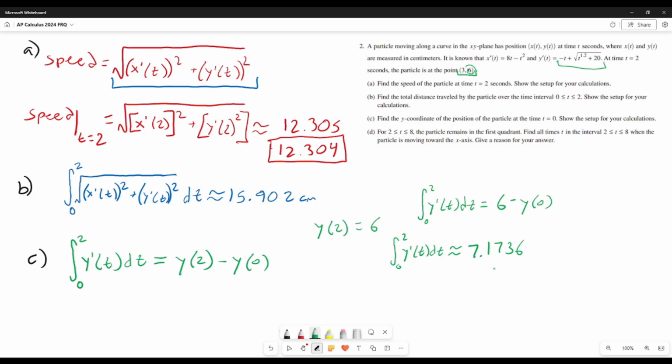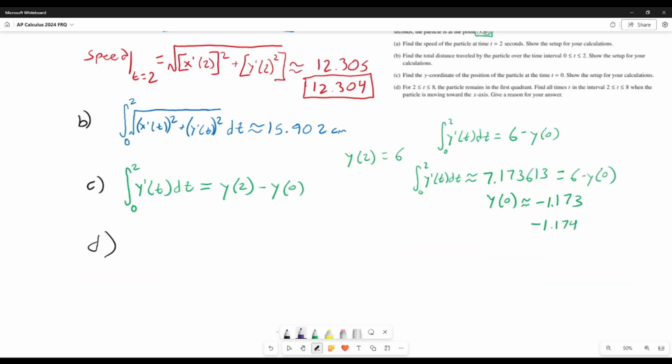We want to keep more decimal places for this answer, so you may want to go out even further. And we know that that is going to be equal to 6 minus y of 0. And we know that y of 0 is now approximately equal to negative 1.173, or negative 1.174 if you want to round.